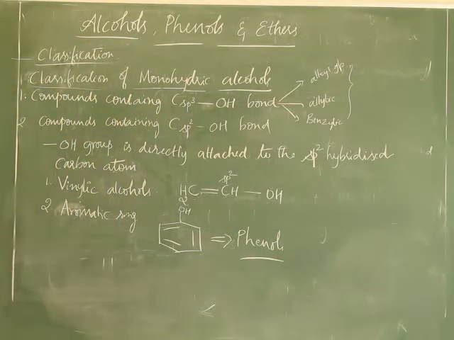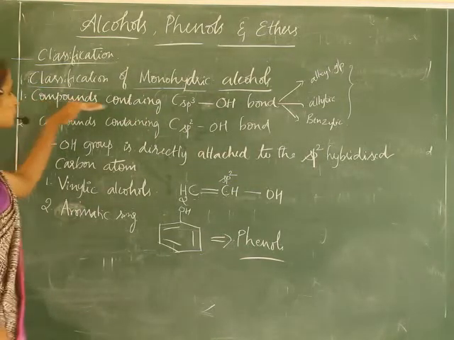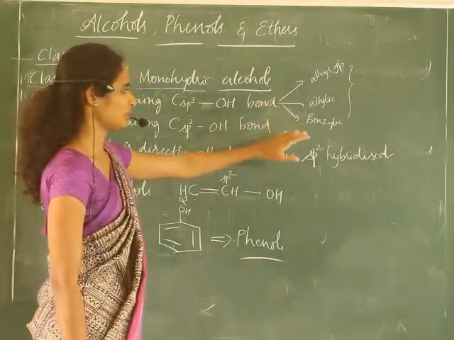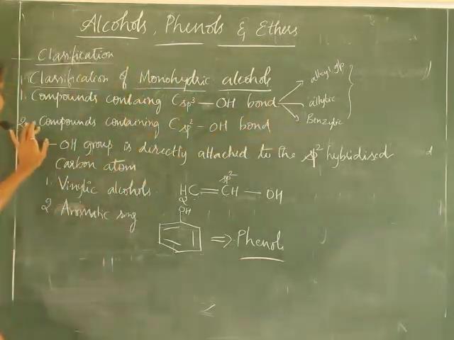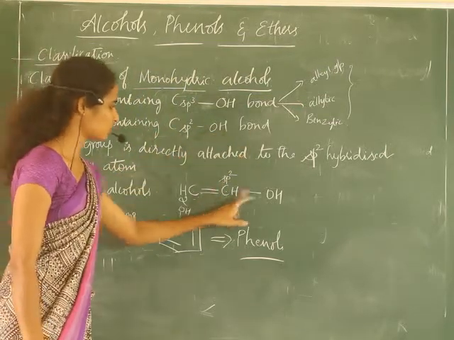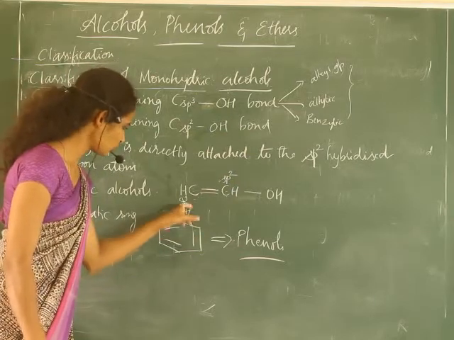That is about the classification of monohydric alcohols. First one, compounds containing sp3 C-OH bond: alkyl group, allylic, benzylic alcohols. Second one is compounds containing sp2 C-OH bond.